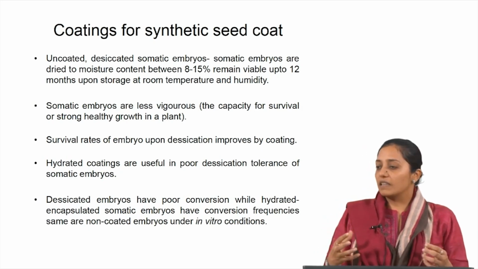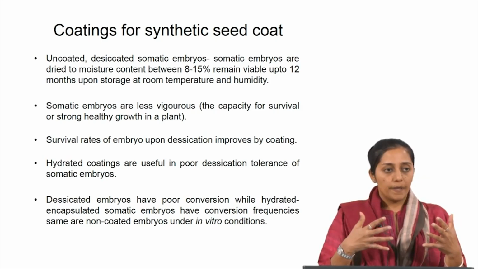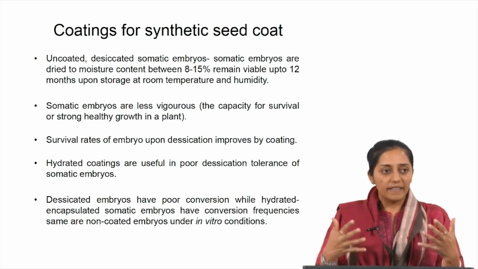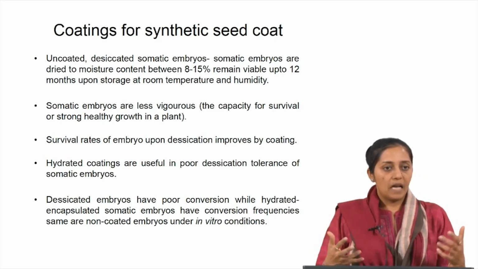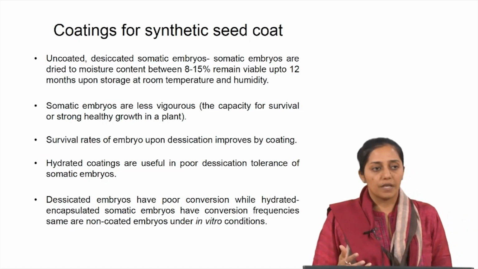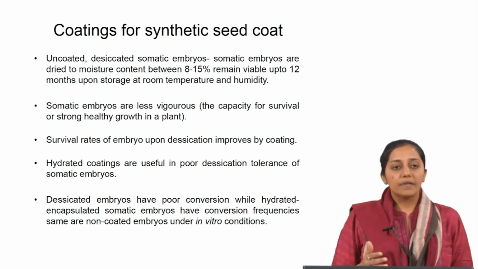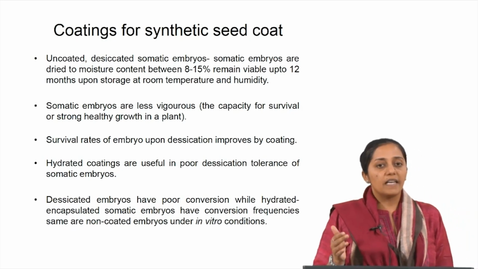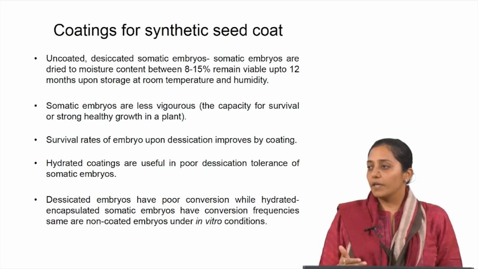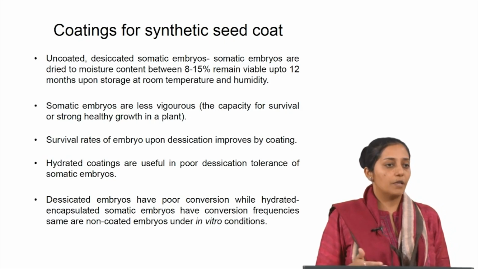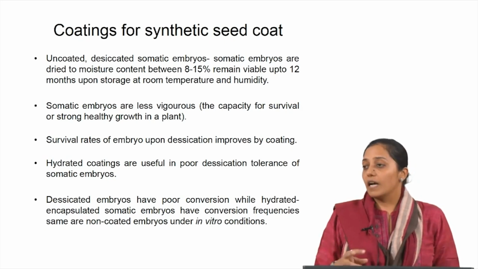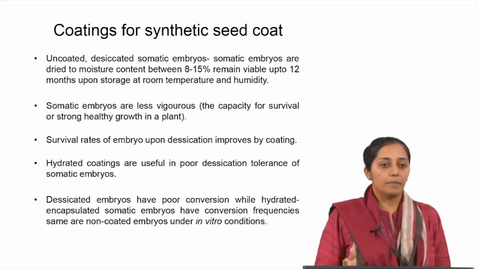This water is a dispersed phase in the cross-linked matrix of the polymer and the cation you are using. Please remember, desiccated embryos have poor conversion, while hydrated encapsulated somatic embryos have higher conversion frequencies, sometimes similar to those of the uncoated somatic embryos.